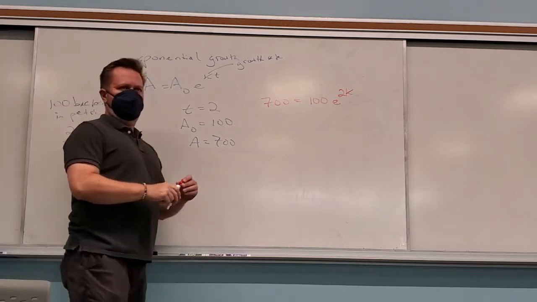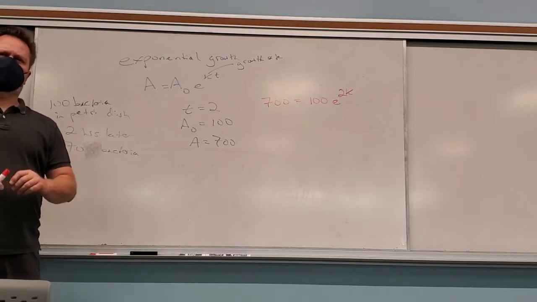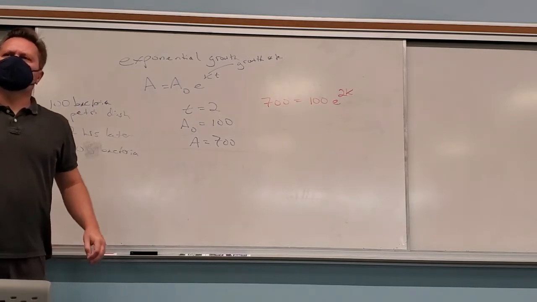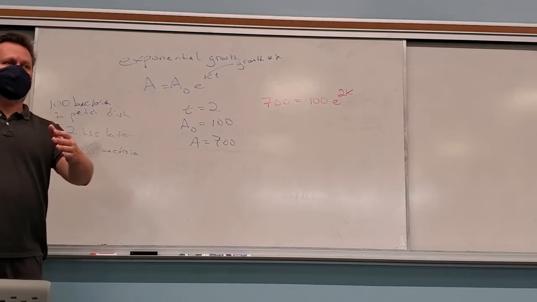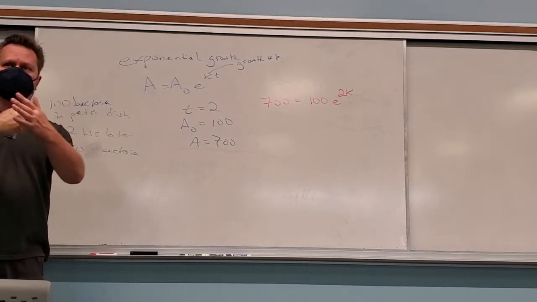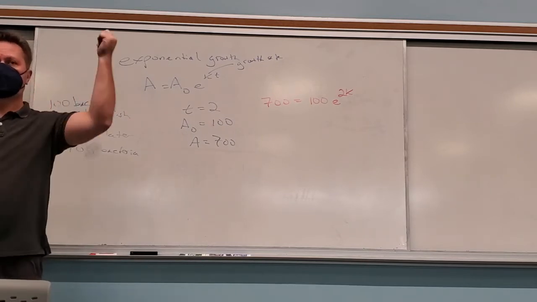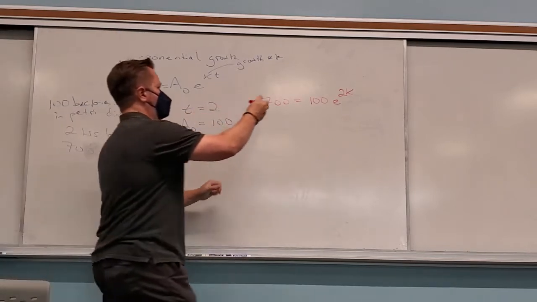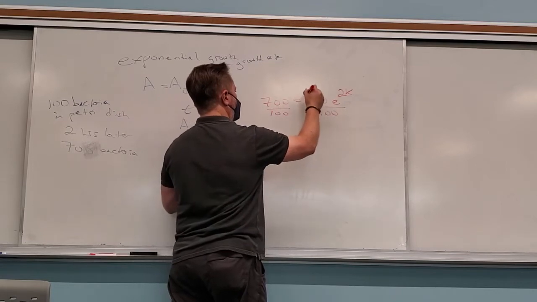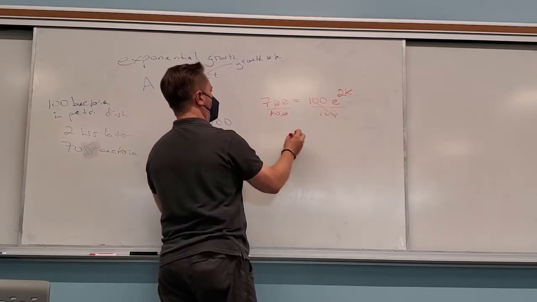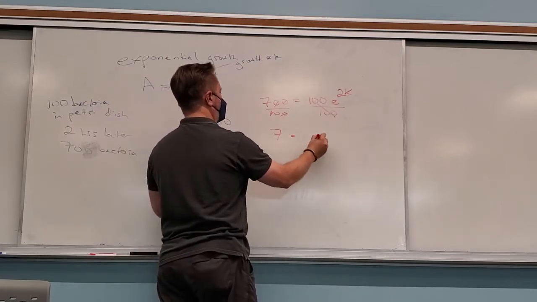All right. So, what do I do first? Divide by 100. You gotta get the 100 out of the way because you want to attack the e with the natural log. So we divide by 100. So now I get 7 equals e to the 2k.